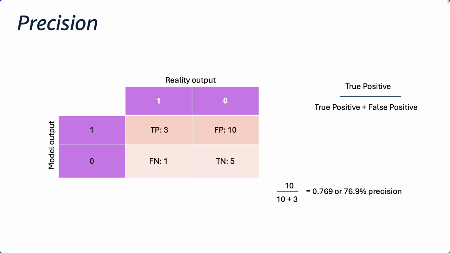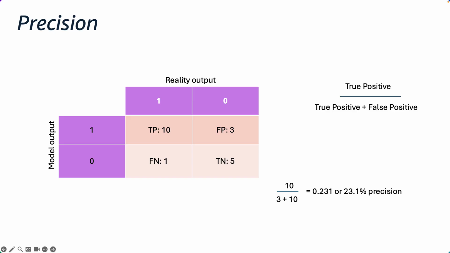And if we use this confusion matrix and apply the precision formula, we will have 10 divided by 10 plus 3, which equals 0.769 or 76.9%. And this is okay, but to have a better performing model for precision, we would want to reduce the false positive number of 3.